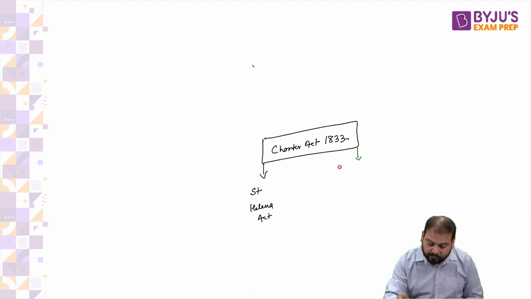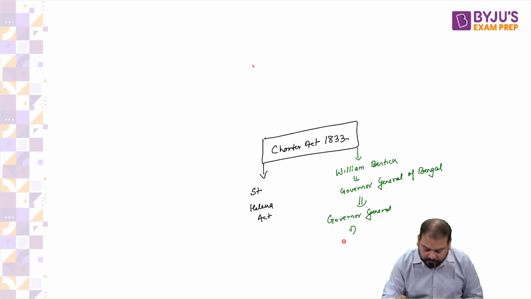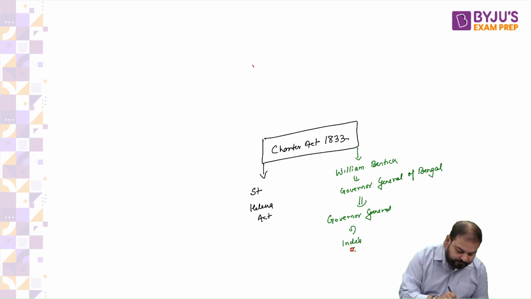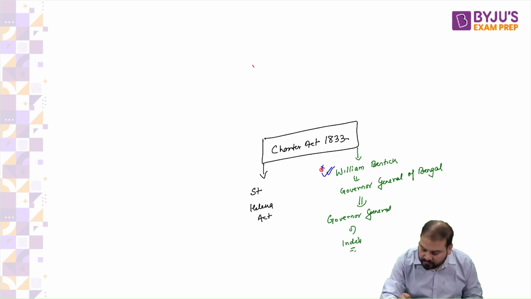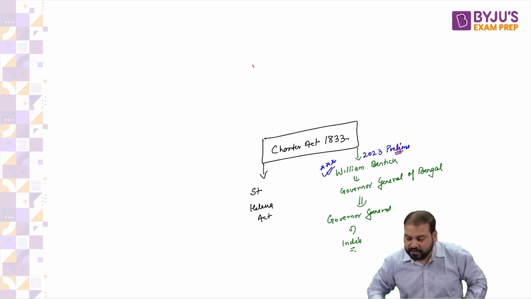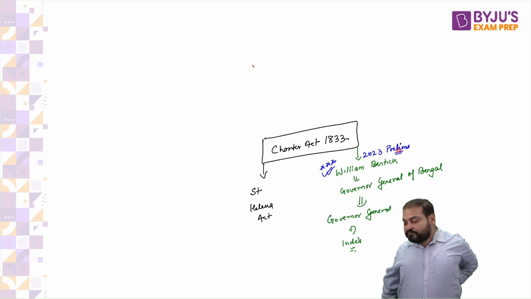The point was that William Bentinck, who was Governor General of Bengal, was now made Governor General of India. This was the 2023 prelims question, a very simple one. They asked, William Bentinck was made the Governor General of India by which act?